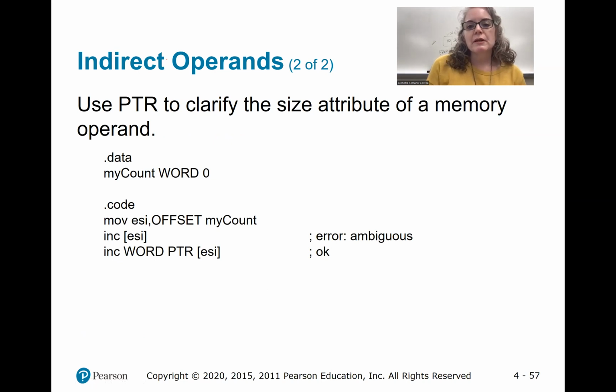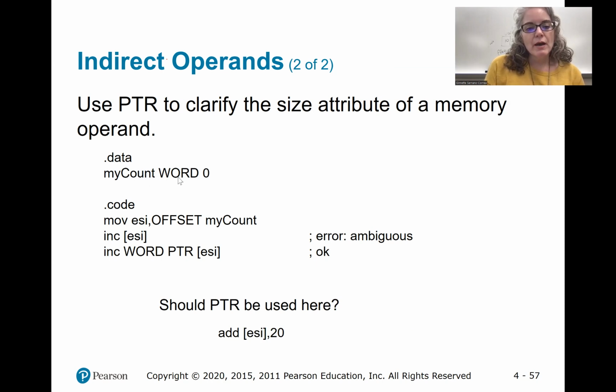So use pointer to clarify the size attribute of a memory operand. Right here we have my count, which is word size, so this is 2 bytes.